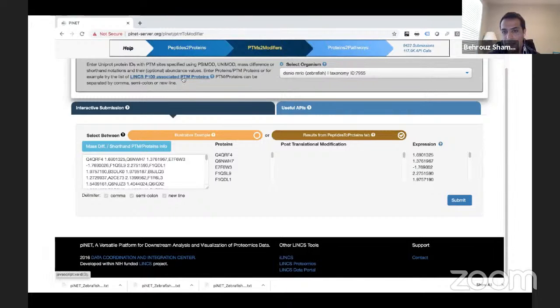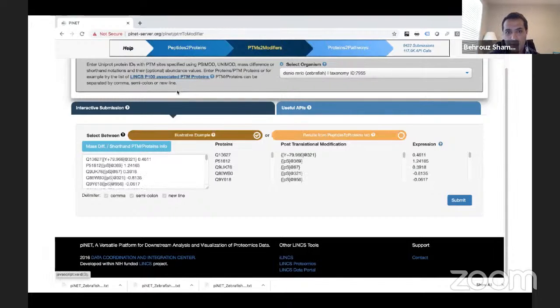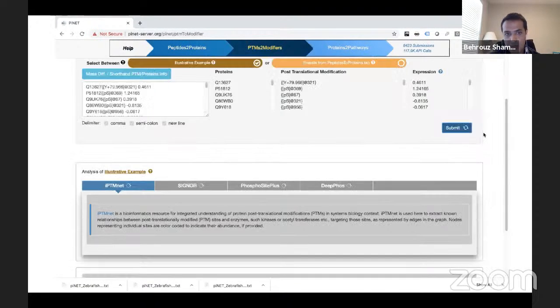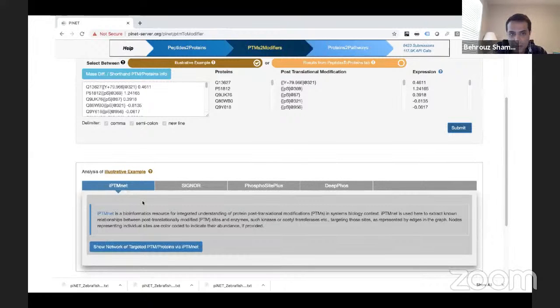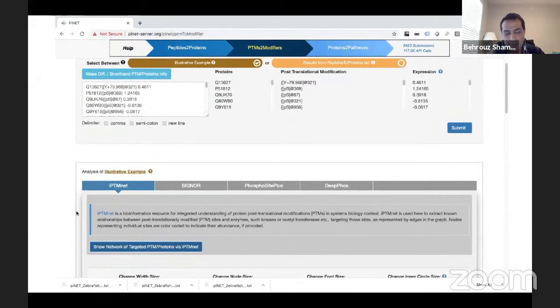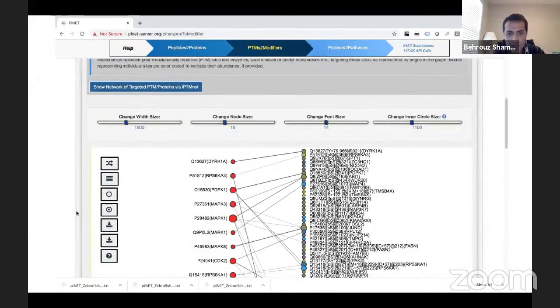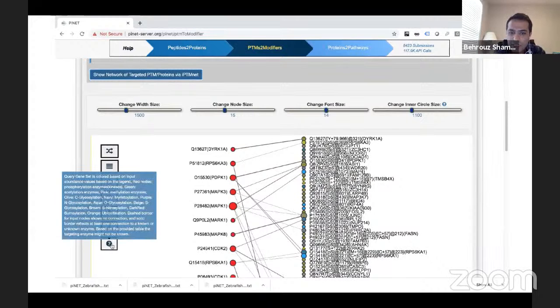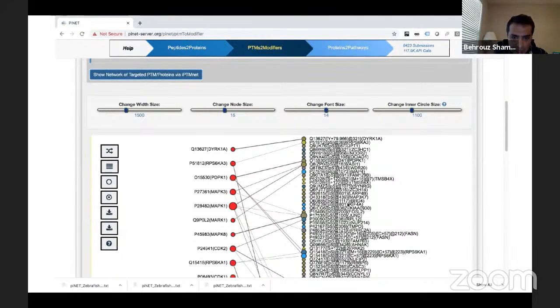Now I went to the second tab. The organism is automatically assigned here, but I will select P100 peptides for this one, because the input file here can be coming from the first tab, or it can be assigned in the second tab, with different PTM. As I said, in the second tab, the connection between enzymes and the PTMs is shown here.